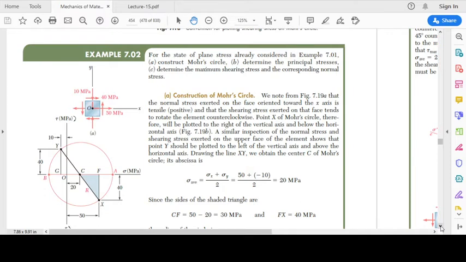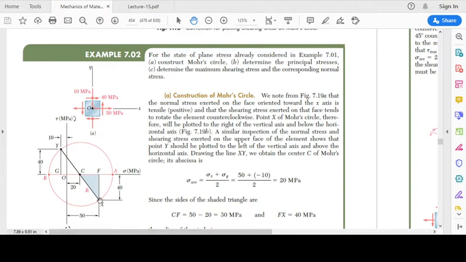Now you can just look at this example in which the value of sigma x is 50 megapascals, sigma y is minus 10 megapascals because it is compressive, and tau xy is plus 40 megapascals.